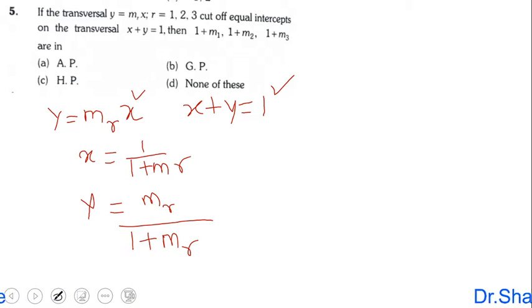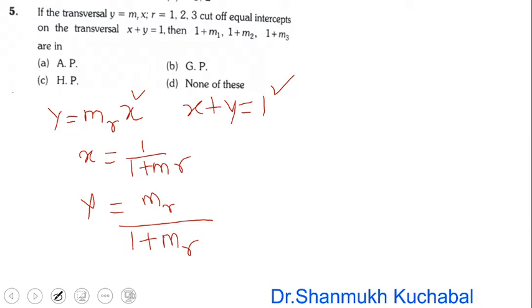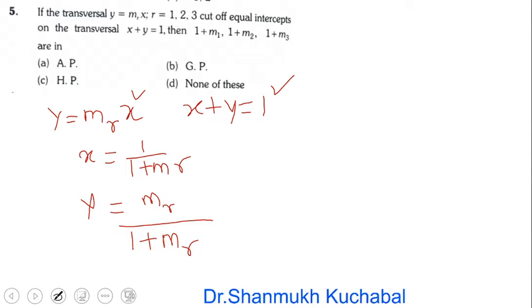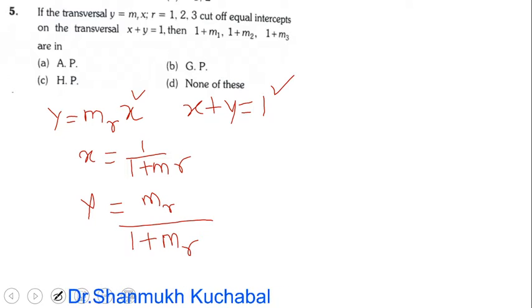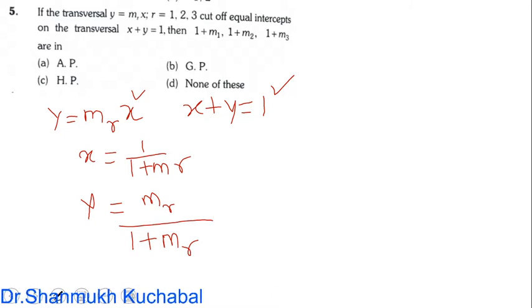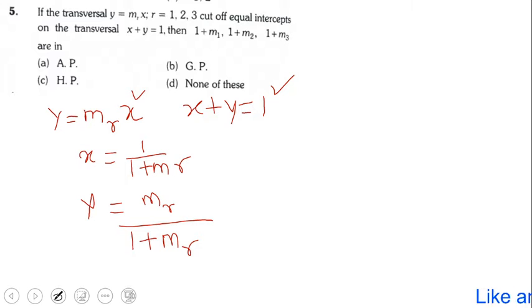Okay, further, the points of intersection of the three lines on the transversal are as follows. We will observe these x and y coordinates. So we'll write it like this. We are going to get 3 points, when r is 1, when it is 2, and then 3. Using this we have to write it.